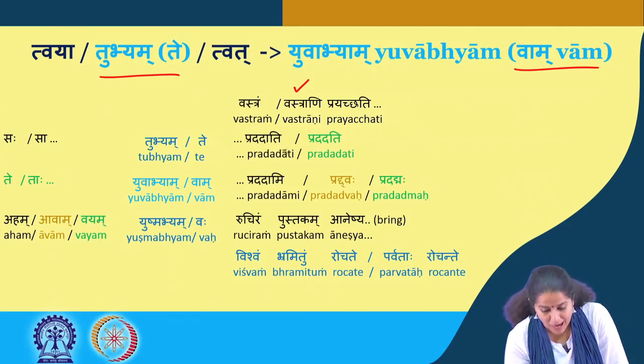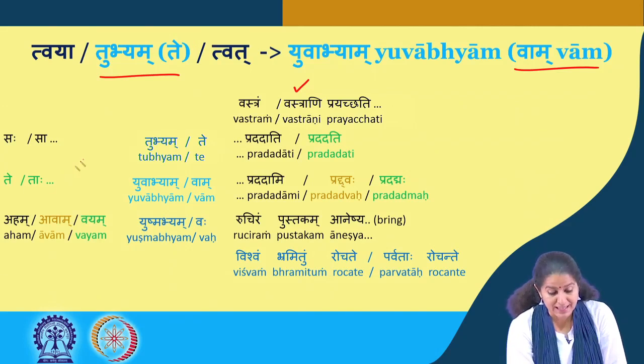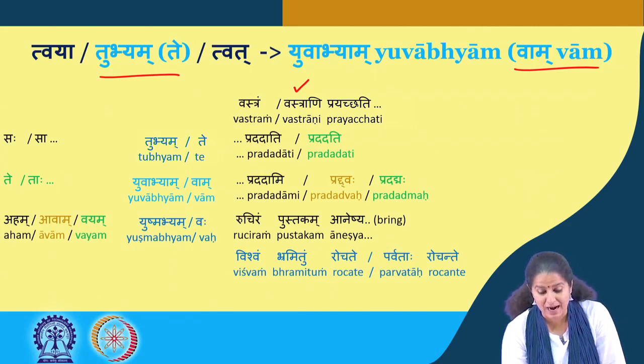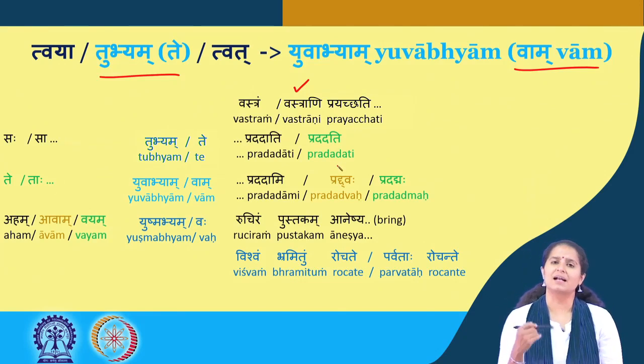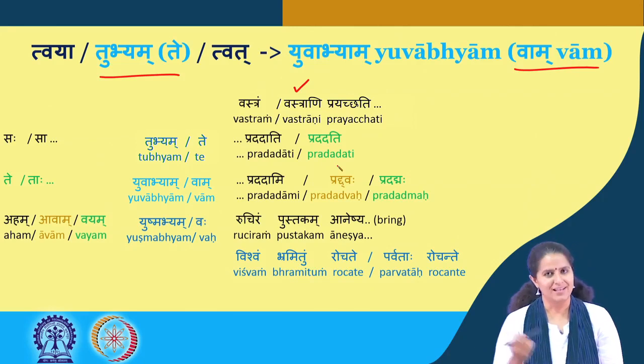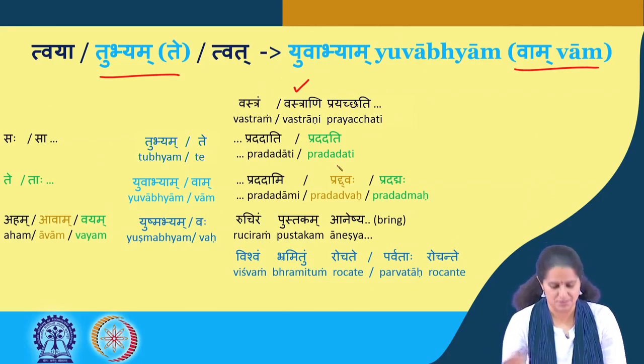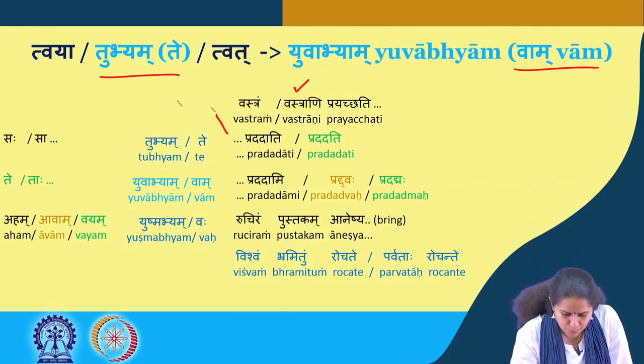Saha pradadati, te tubhyam vastrani pradadati. So would you like to replace vastrani with something else? Okay, let's use pushpani. Just for our own purposes, we'll put pushpani here, okay?